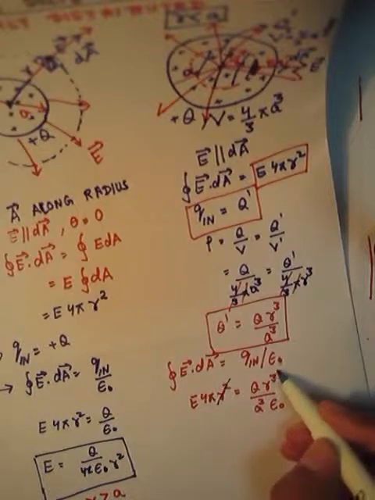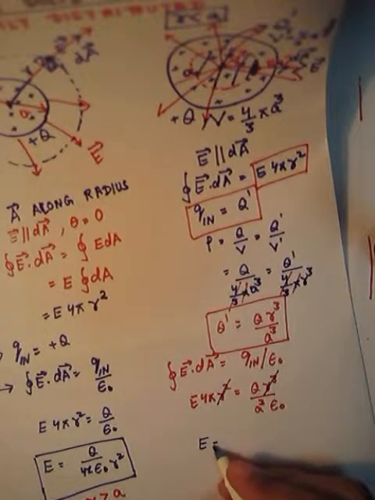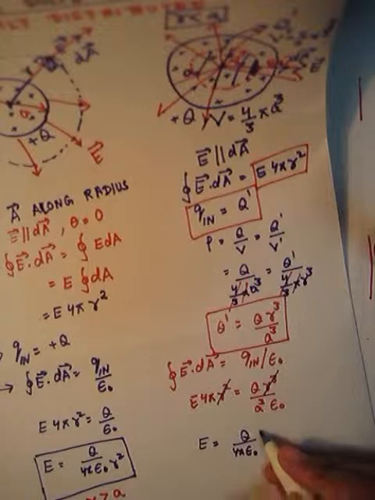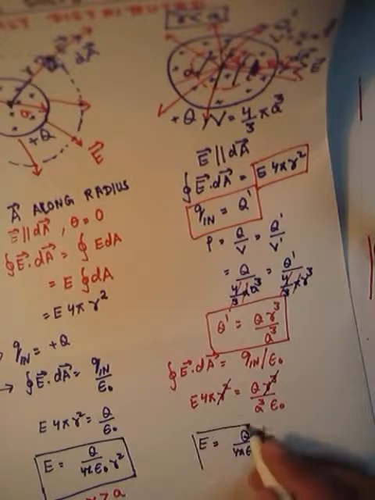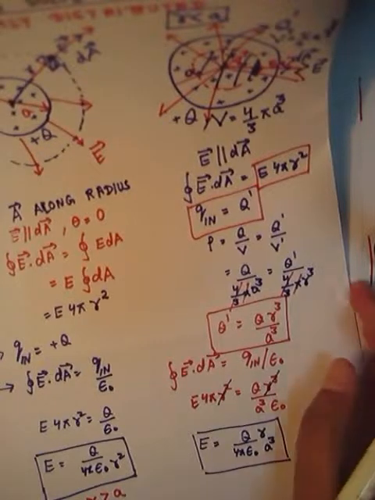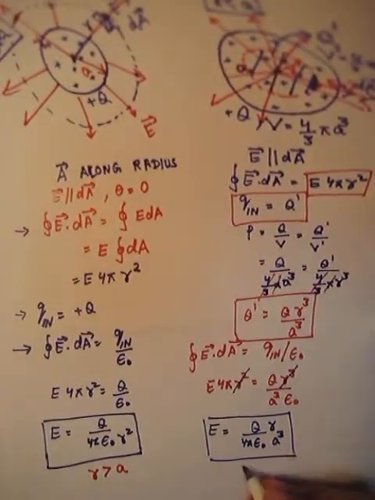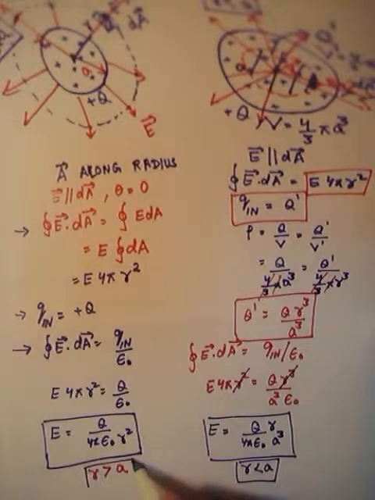So now this will cancel with this, and one r is left, so E is equal to Q r upon 4 pi epsilon naught a cube. So this will be the electric field at a point which is less than a, inside the sphere. This point is outside the sphere.